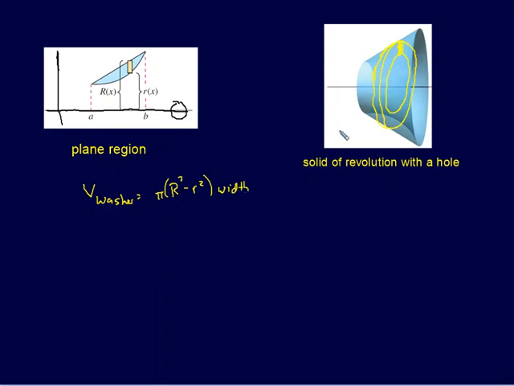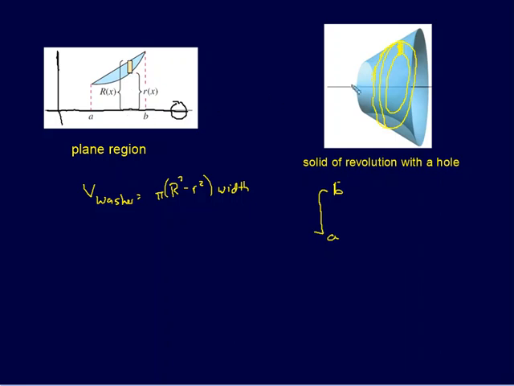Okay. Now in our diagram, the width is the delta x, the change in x between the left side and right side of each of the slices. So we're going to end up with an integral that contains this same information. The integral is in the x-axis from A to B. The part that changes as we go across the region is how long the big radius and the small radius are.